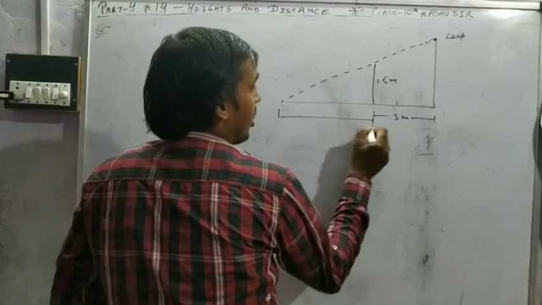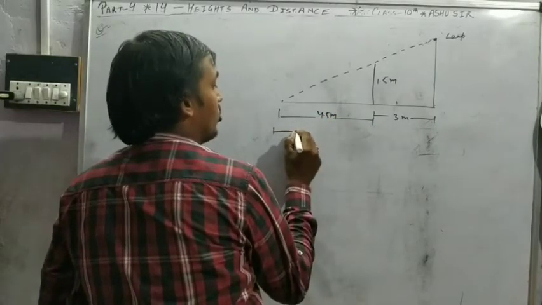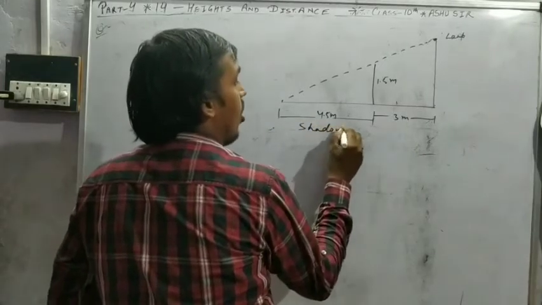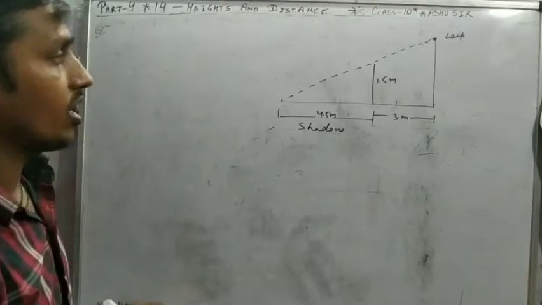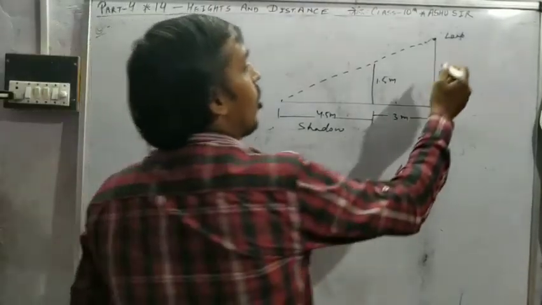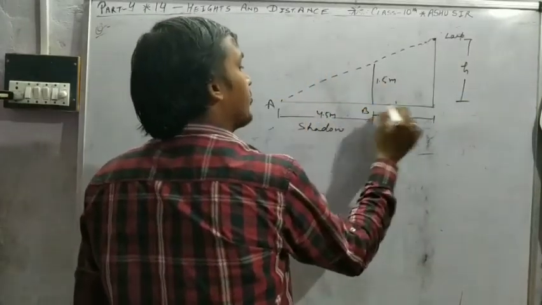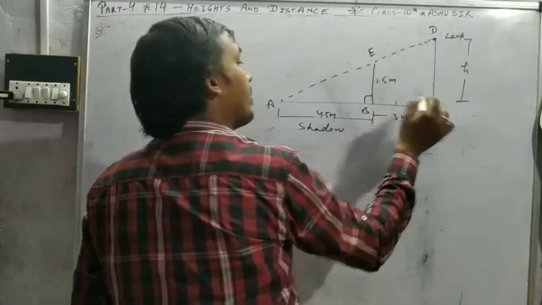So this is the 4.5 meter shadow of the girl. Find the height of the lamp post. They both are perpendicular.